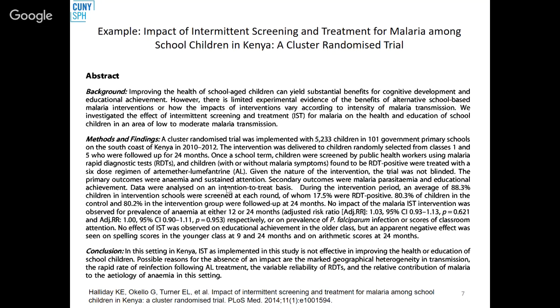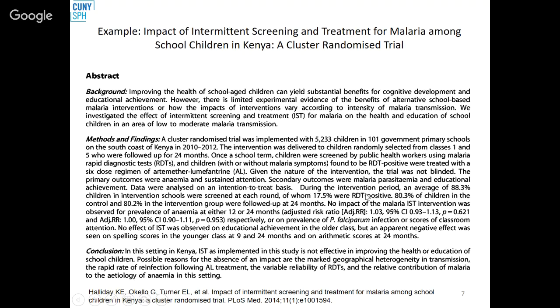Once a school term, children were screened by public health workers using rapid diagnostic tests, and children found to be RDT positive were treated with a 6-dose regimen of a drug for malaria. So there actually is an additional randomization at the level of individual students here, as I read this.